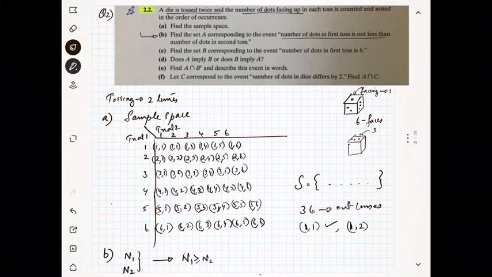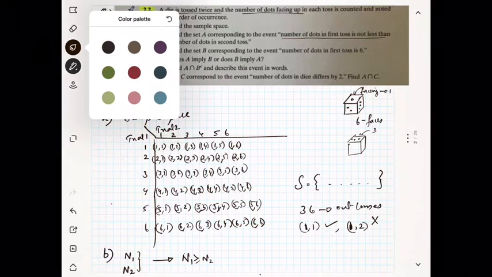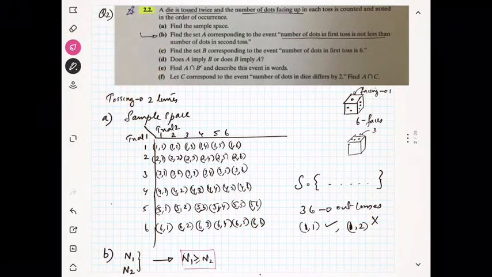If I take the outcome 1 comma 2, it is not satisfying because 1 is less than 2. So I can take many outcomes according to this condition. I will show it in a color. You can see here, N1 should be greater than N2.